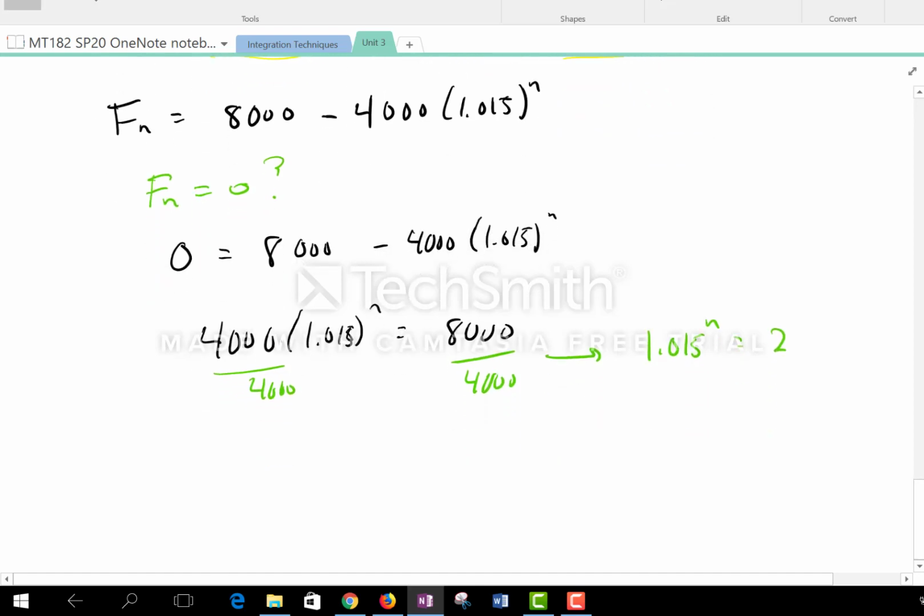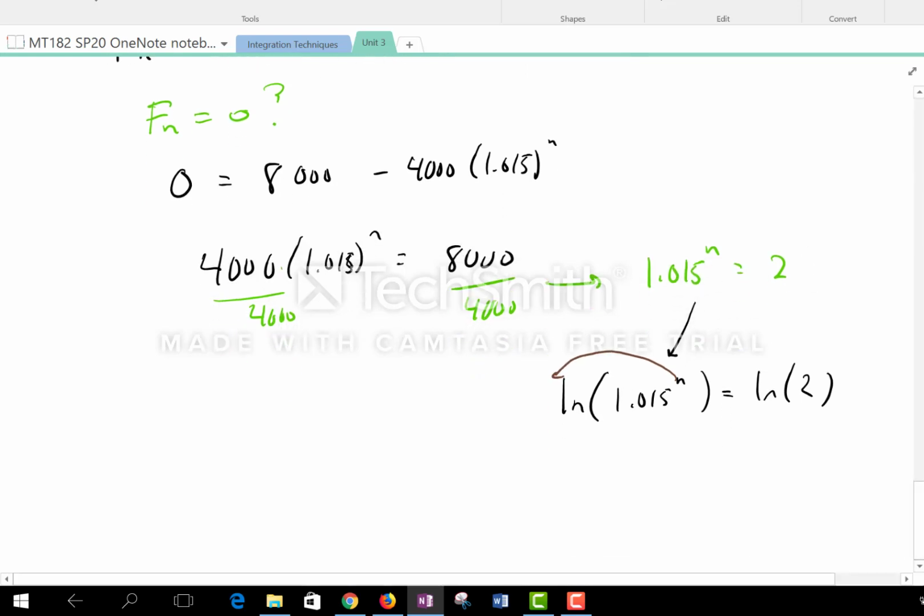Alright, now there are various ways to solve this exponential equation. You could just use the definition of log base 1.015, or we could take the natural log of both sides. So let's go with that second approach. You can always use the natural log to solve these types of exponential equations, because remember, we can use the special property of logarithms that lets exponents come down in front as factors. So then we get n times the natural log of 1.015 equals the natural log of 2.